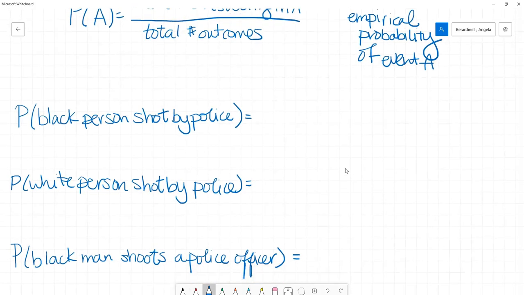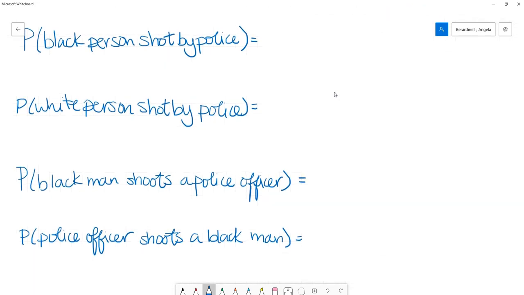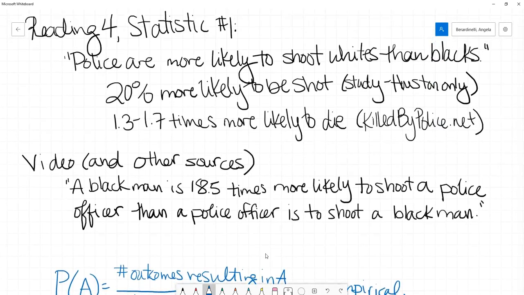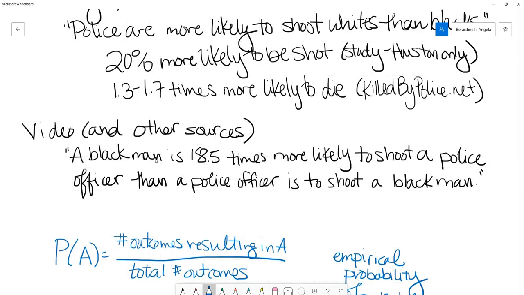So going back to the couple of claims that we are considering for this video, there seem to be 4 different events we could consider. So remember, we're thinking about the likelihood of police shooting white people versus black people. That's what both of these are talking about. And then the probability of a black man shooting a police officer and the probability of a police officer shooting a black man.